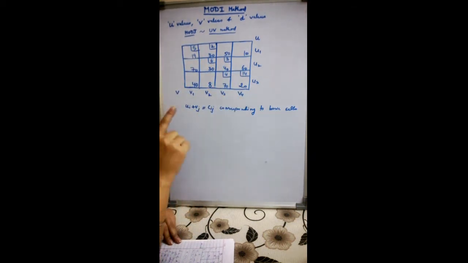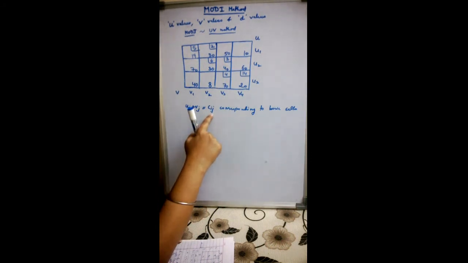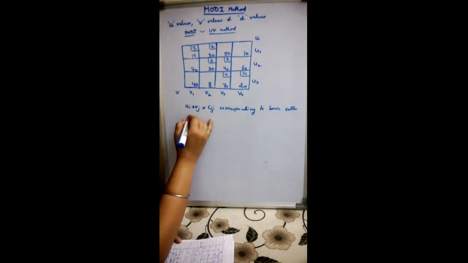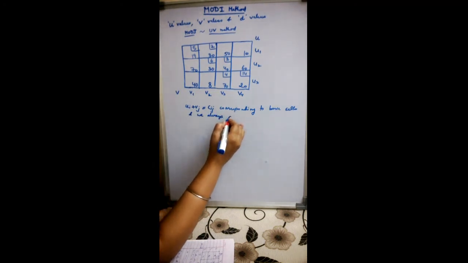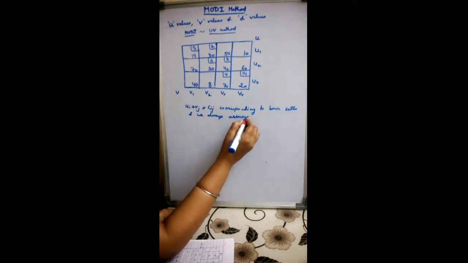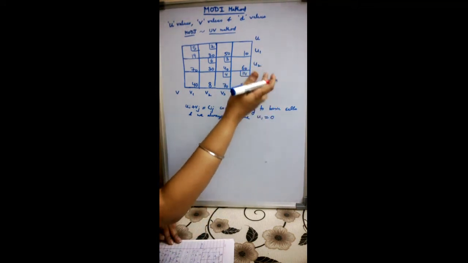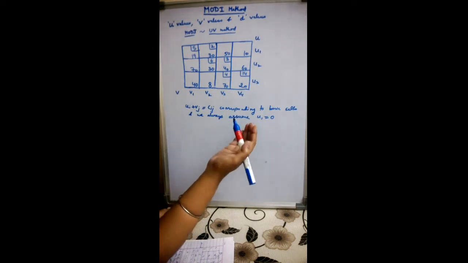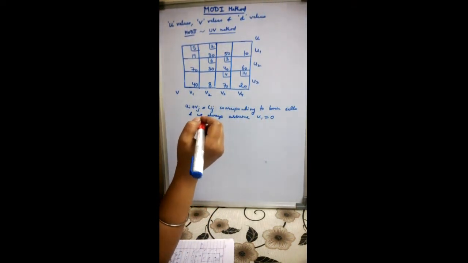Corresponding to these cells, we use this particular formula or rule to find out the u and v values, and we always assume u1 as 0. We can take any of u or v as 0, but for convenience I am taking u1 as 0. Now how to find out?